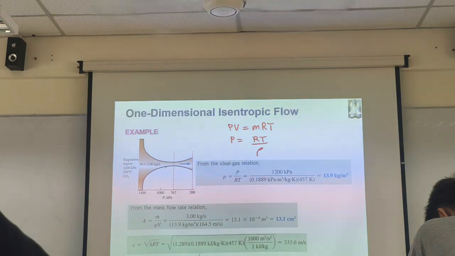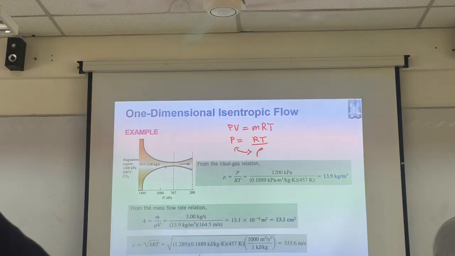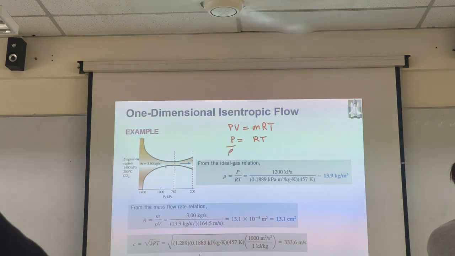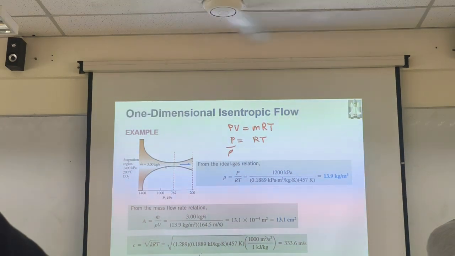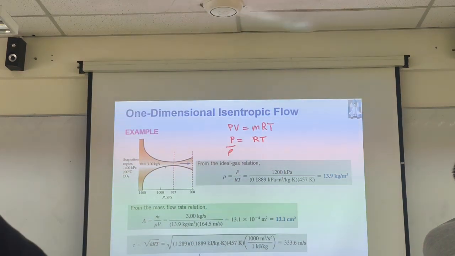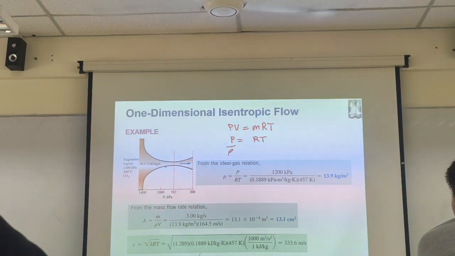You move them around, then you get this. Sorry, the other way around, right? V over m. So density you can find through the ideal gas relation.